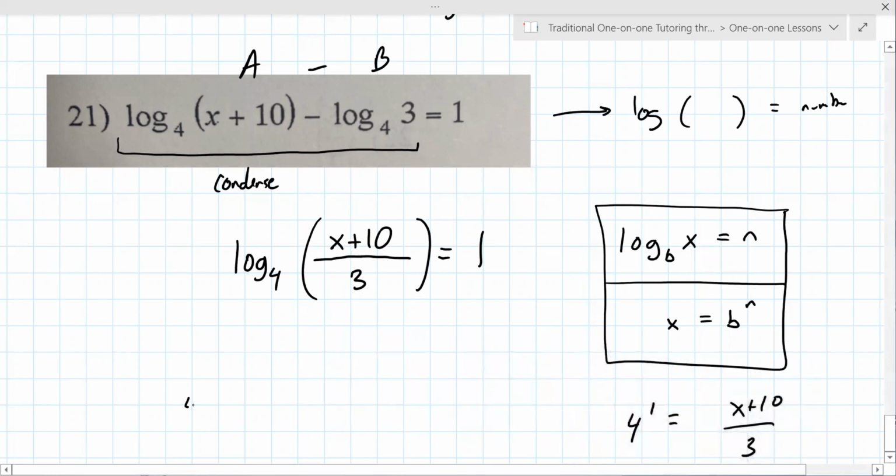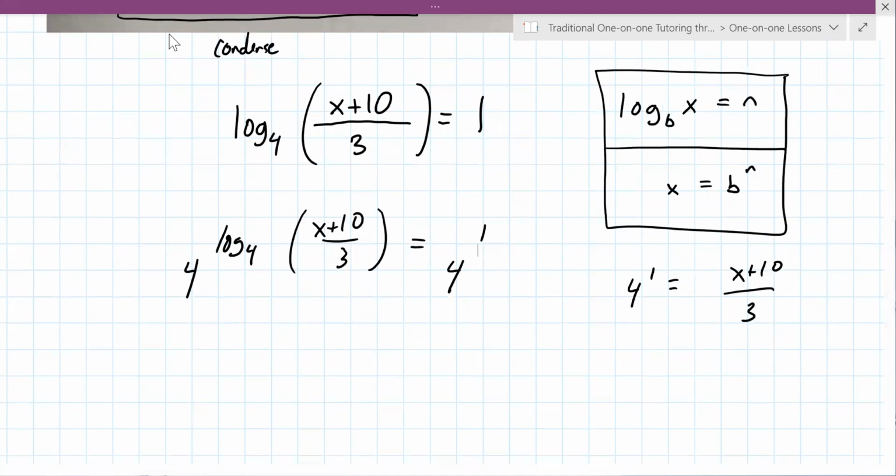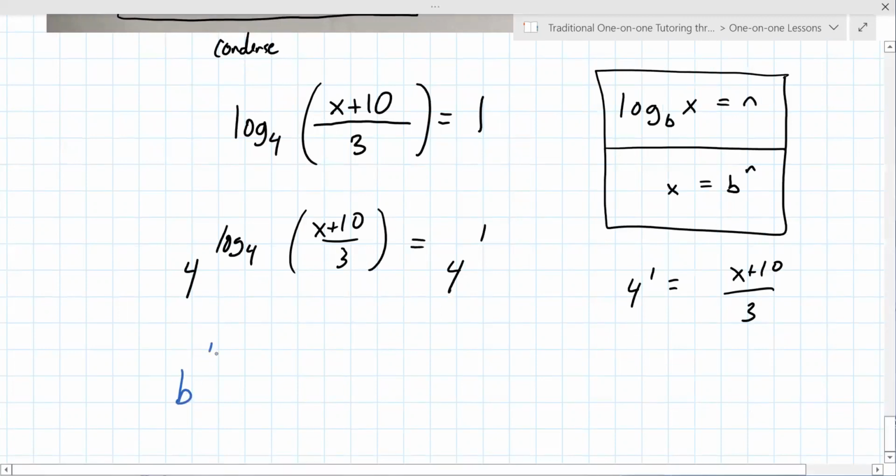So what you're really doing is raising both sides using 4 as a base. That's the formal way to do this. And on the right, it's 4 to the power of 1. Now on the left, there's this property: when you have b to the power of log base b of x, this always becomes just x.